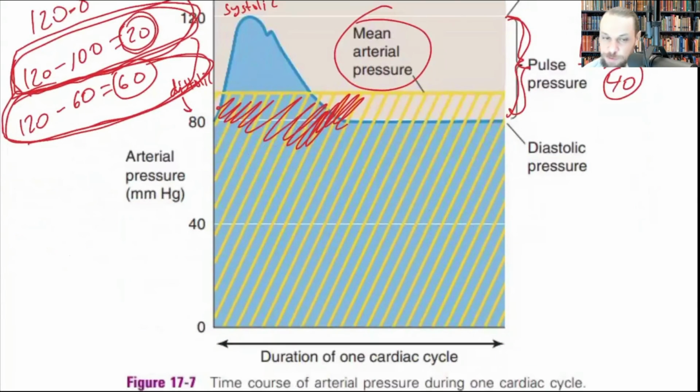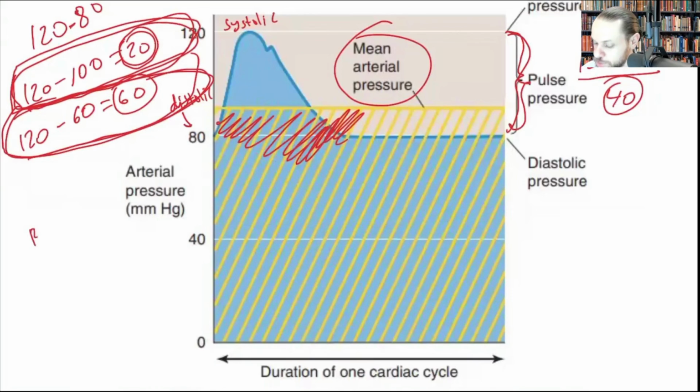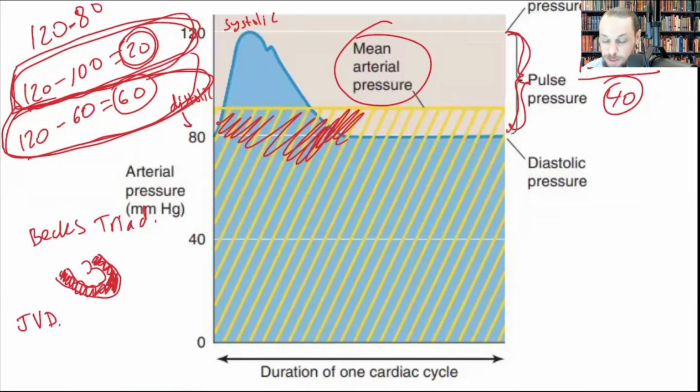I'll give you an example of your Beck's triad from earlier. That's where the pericardial sac is filling up with blood, and now the person is showing you signs and symptoms. They could have jugular venous distension, they could have muffled heart sounds, and they have narrowing pulse pressure.